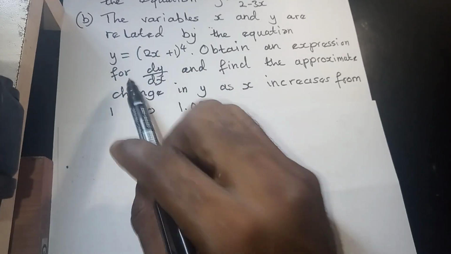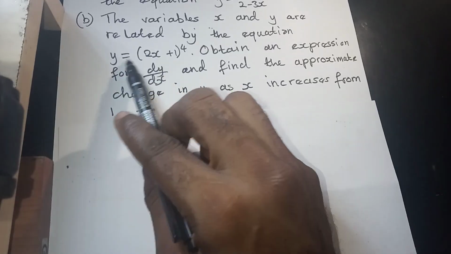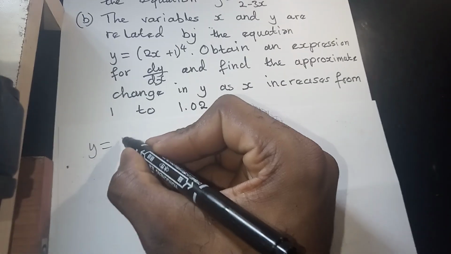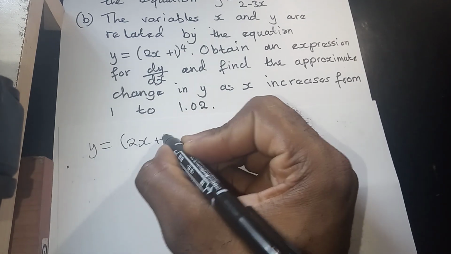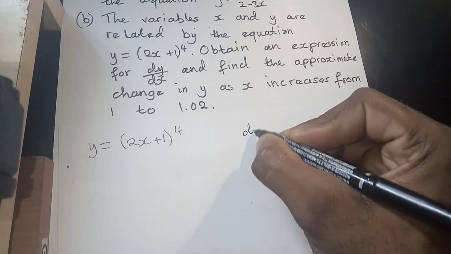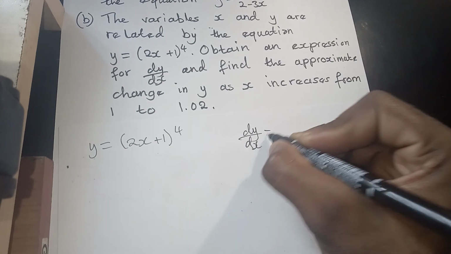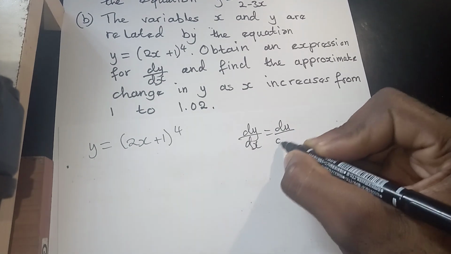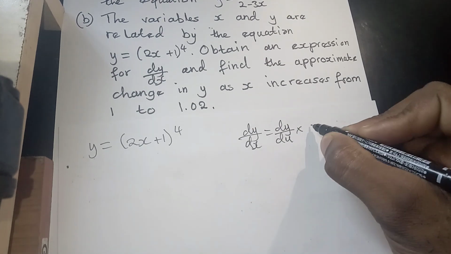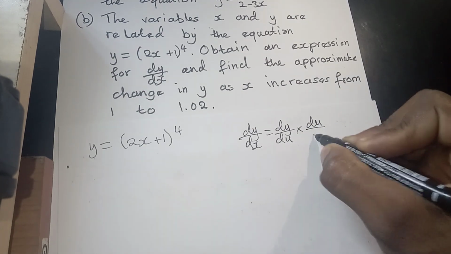Okay, so to find dy/dx of this, we know that y is equal to (2x plus 1) raised to the power 4. And then the chain rule states that dy/dx is equal to dy/du multiplied by du/dx.